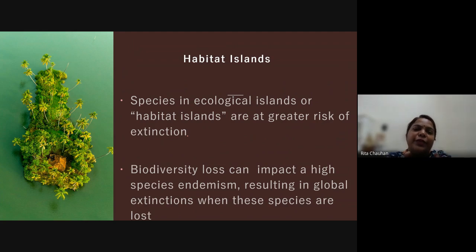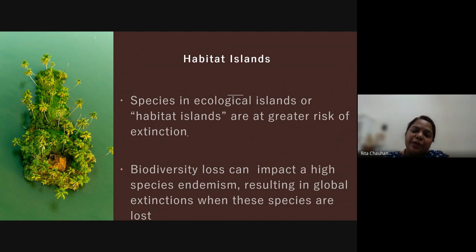So, if their habitat is lost, then again their population will decrease. They are not going to reproduce further. So, because of loss of these islands, biodiversity loss is happening, and biodiversity loss is affecting species endemism.